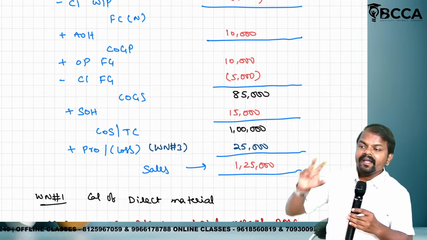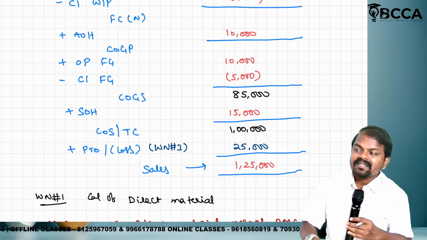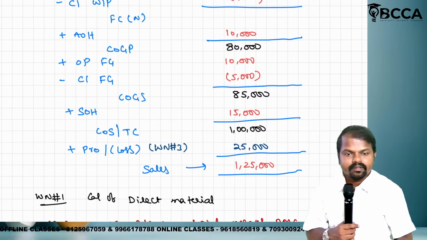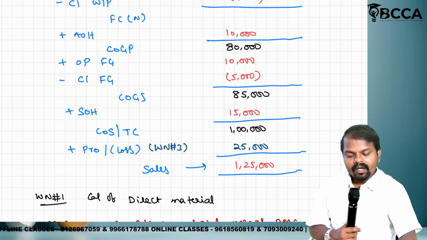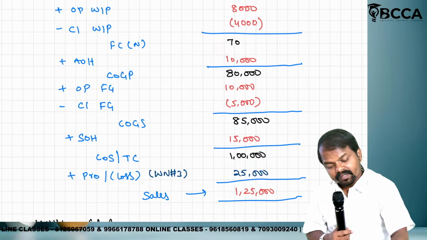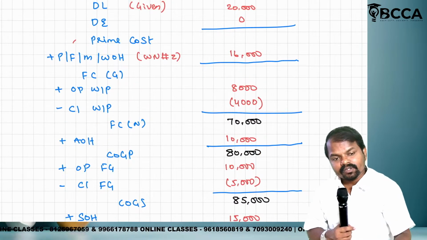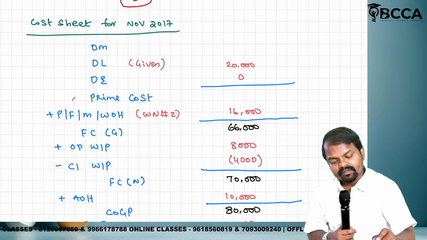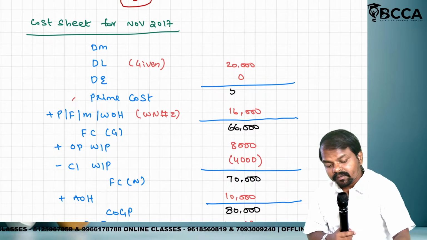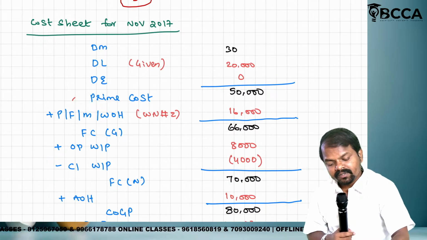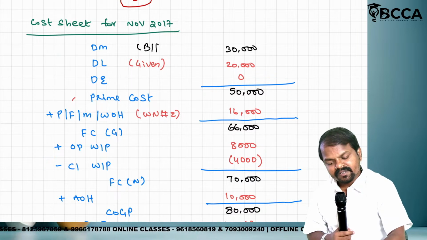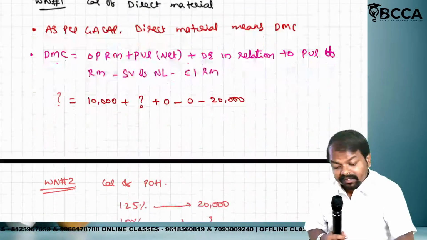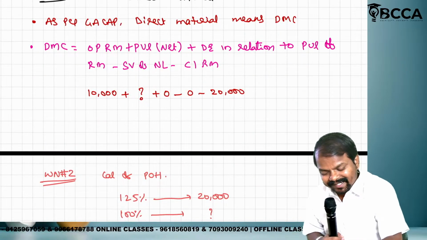Please take the calculator: 85,000 plus 5,000 minus 10,000 is 80,000. 80,000 minus 10,000 is 70,000. 70,000 plus 4,000 minus 8,000 is 66,000, minus 16,000 is 50,000. 30,000 is called the balancing figure, direct material. Oh, we got 30,000 as the answer.